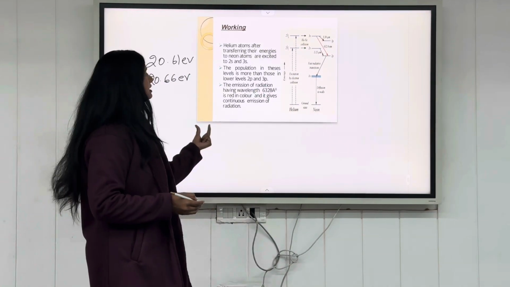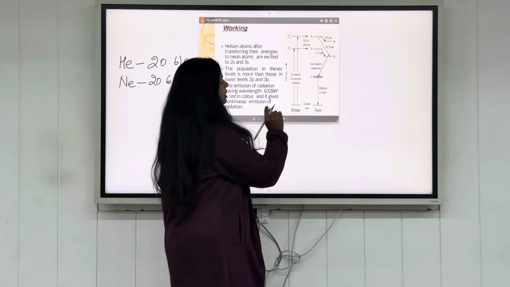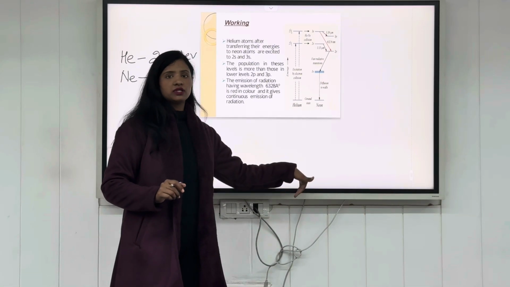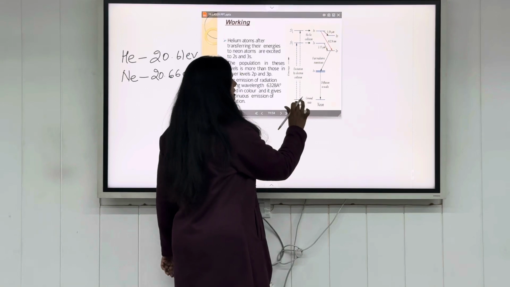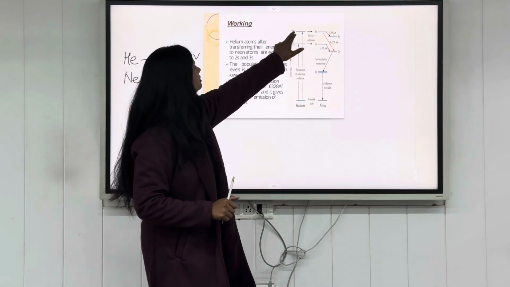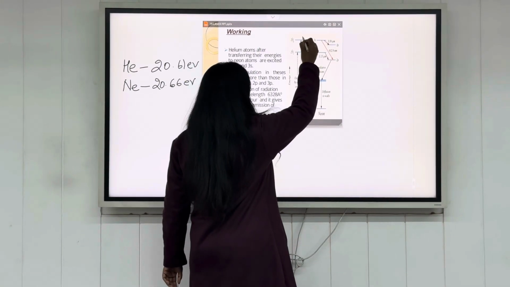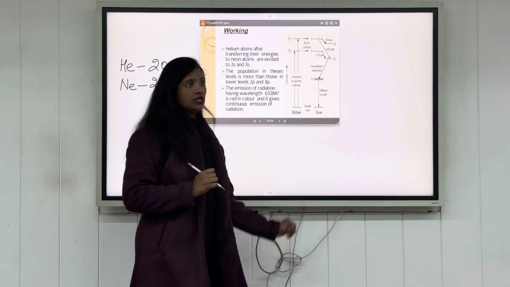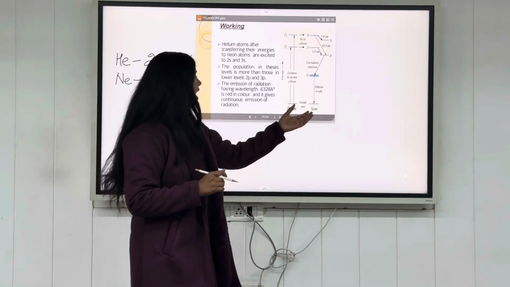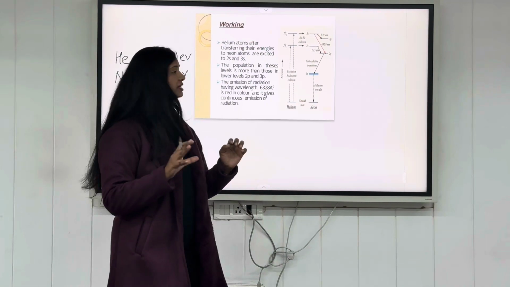So when the electrons are produced by electric discharge, those electrons will excite the electron present in the lower energy state of the helium atom. And after attaining energy, they will move to the higher energy states, which are 2s1 and 2s. So when they reach here, they will collide with the neon gas also, and as it is present at lower pressure, but then also it is present here.